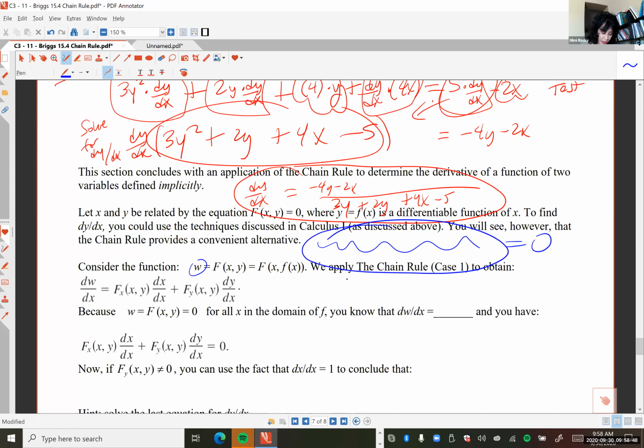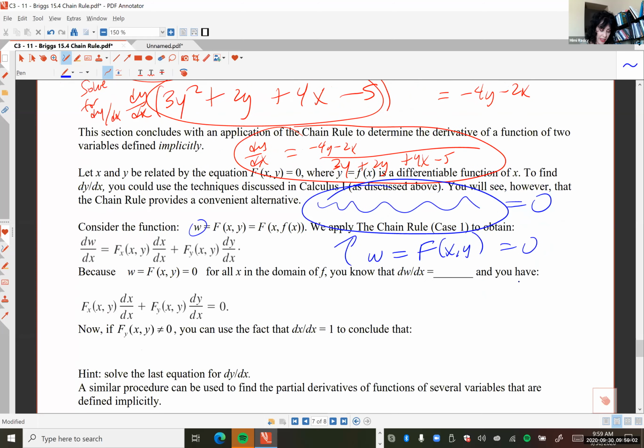And this stuff here, you'll call it w, which will be some big old function of two variables, x and y. And you're basically saying that function of two variables, x and y, is equal to 0. Fine. Then, to get dw/dx of this function w, you use the chain rule. And here's the chain rule in action.